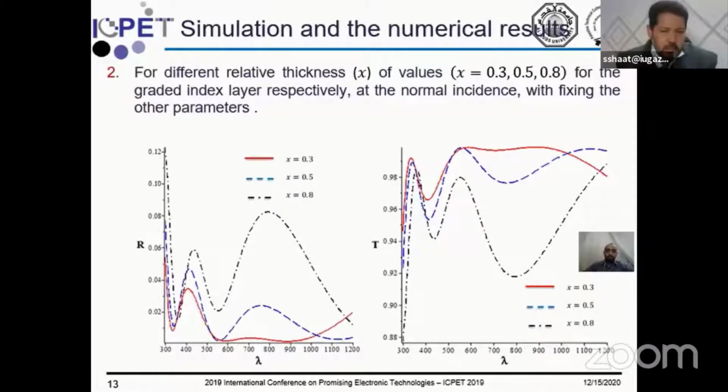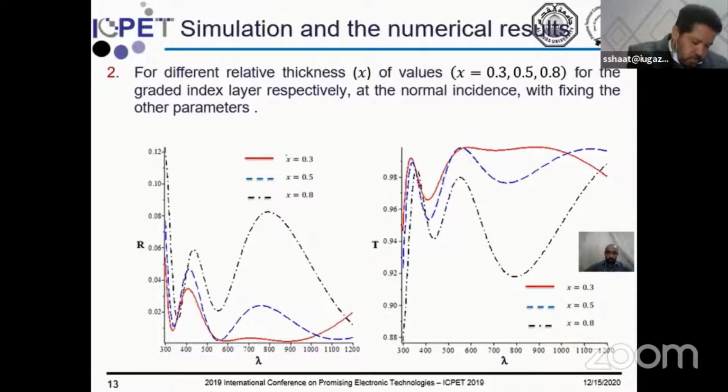Now, by changing the second parameter, which is the relative thickness, with values 0.3, 0.5, and 0.8 for the graded index layer, with fixing the other parameters of the incident angle and the thicknesses of the layers, we will see the minimum reflectance and the maximum transmittance satisfied at x equal 0.3.